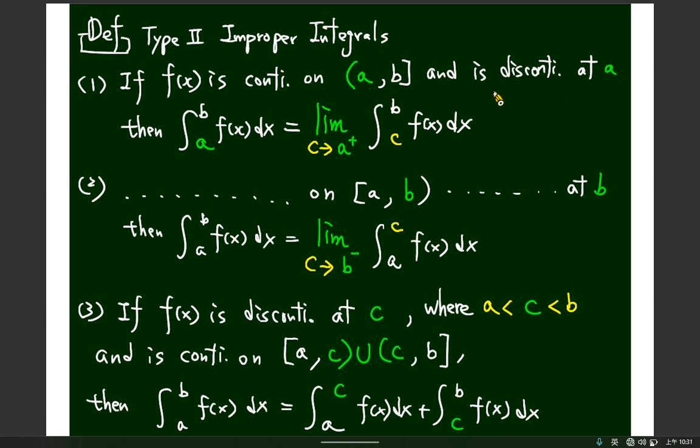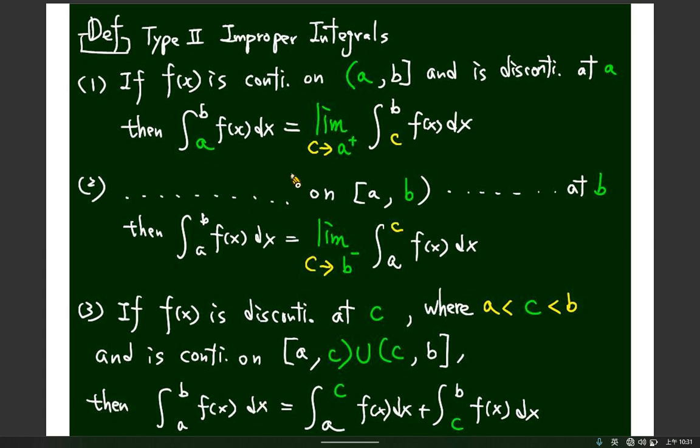Taking this example, when the function reaches x equal to a, then the number will maybe go to positive infinity or negative infinity. That means at that point, it will not be a continuous point.